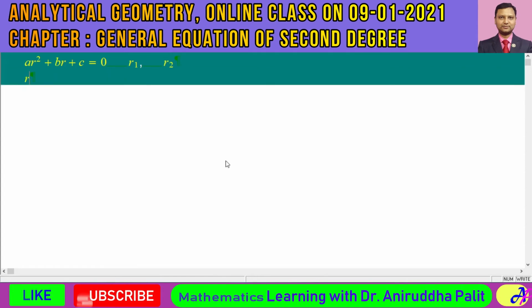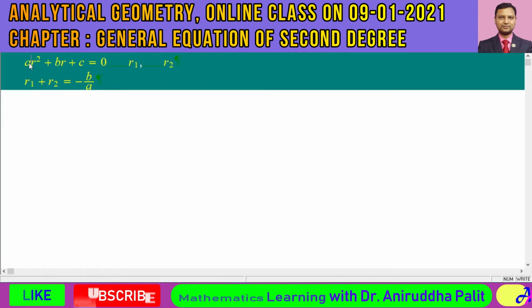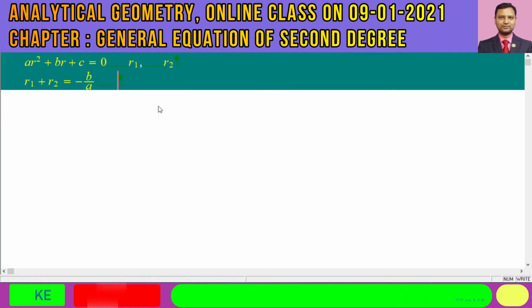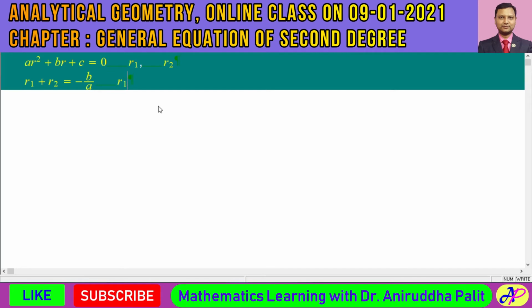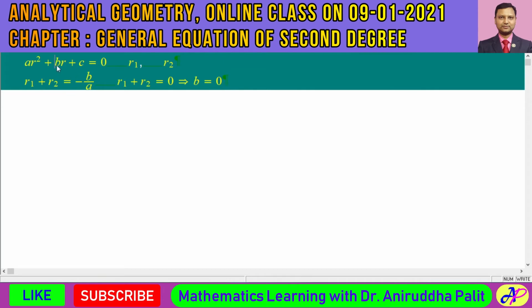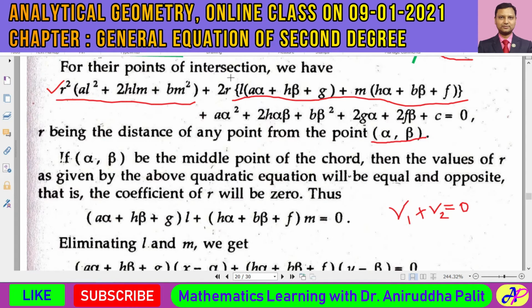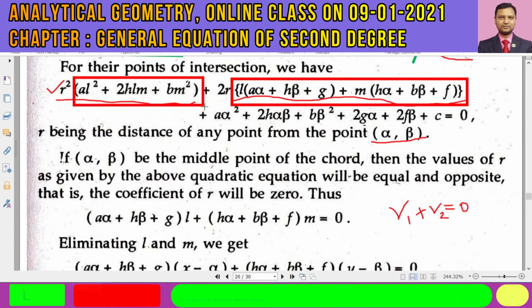That R1 plus R2 is equal to minus b by a, the coefficient of r divided by the coefficient of r square with a negative sign.